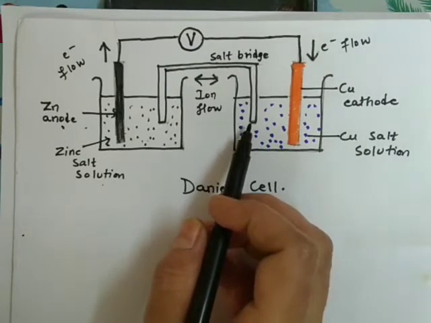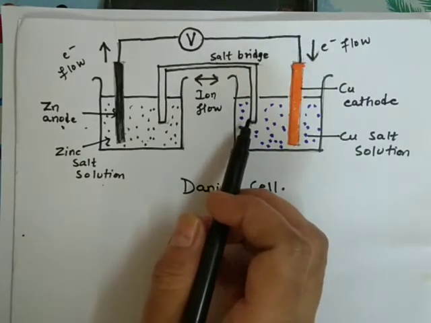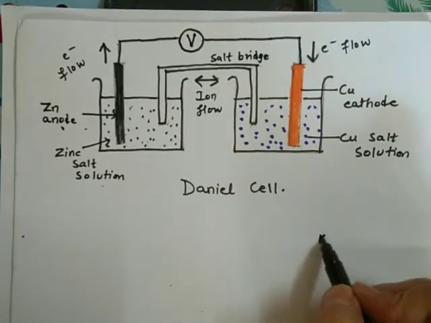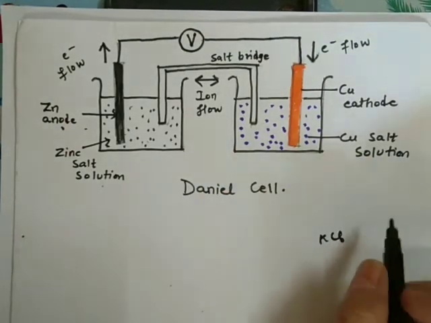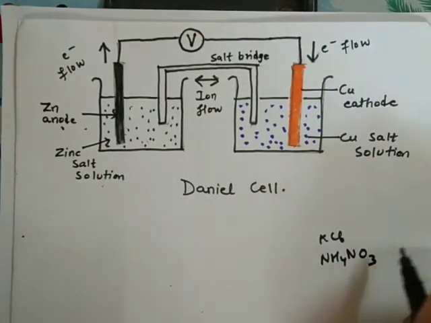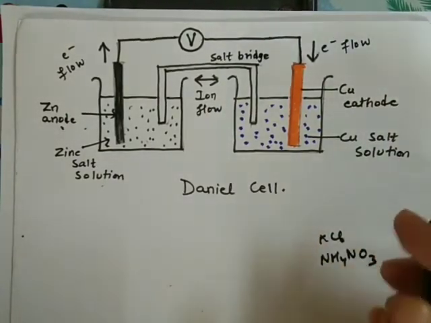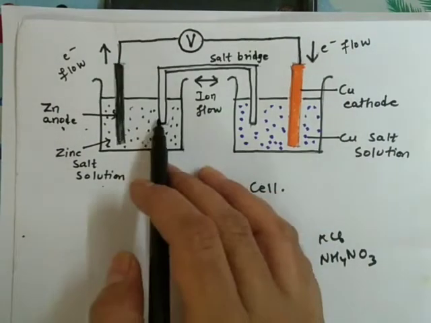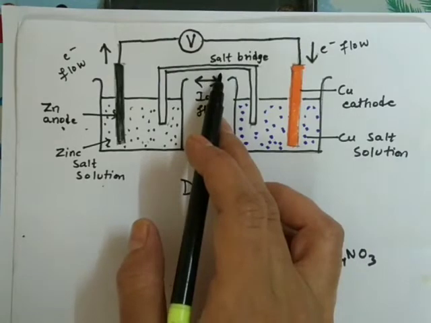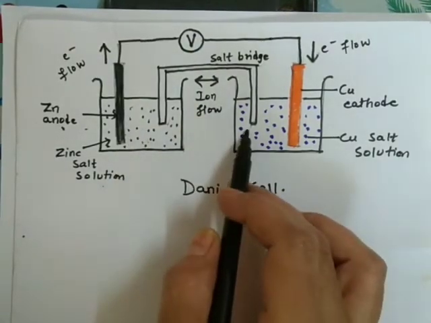This is made up of glass, and this U shaped glass tube is containing either KCl gel or ammonium nitrate in agar-agar medium, and this is a gel type substance which is filled in this glass tube which is called salt bridge, and the use of this salt bridge is to connect these two containers.